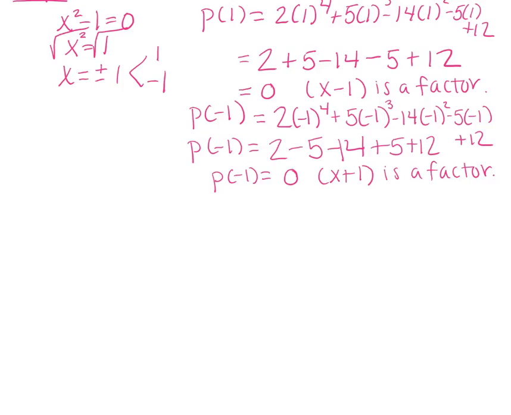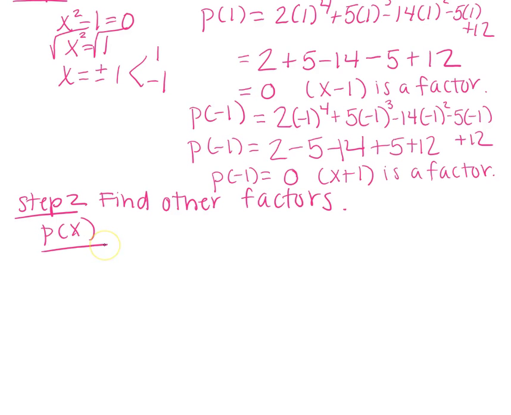Since I know that each of these is a factor, I'm going to use that to help me find my other factors. So first, let's take the polynomial and divide by one of them, x minus 1 or x plus 1.